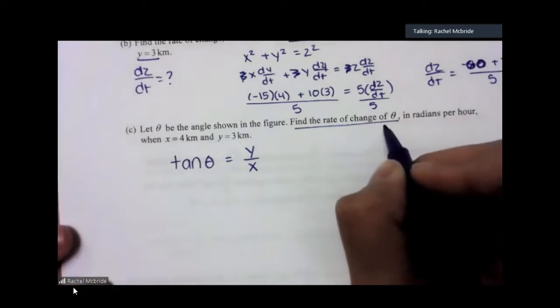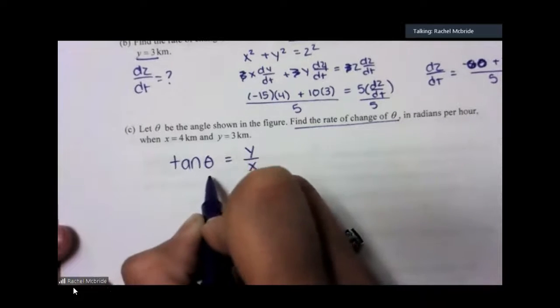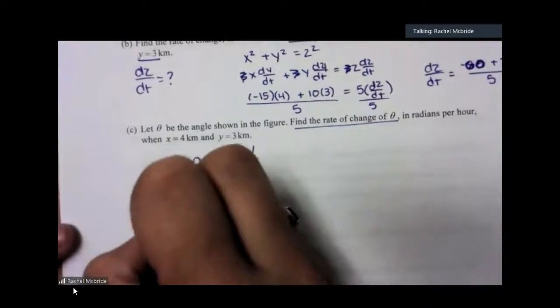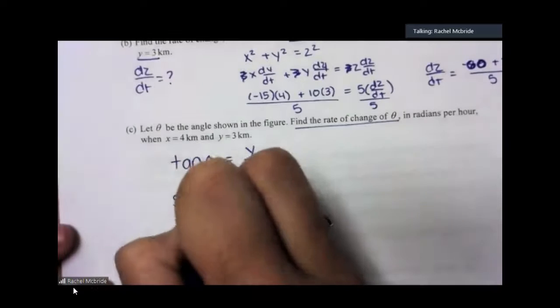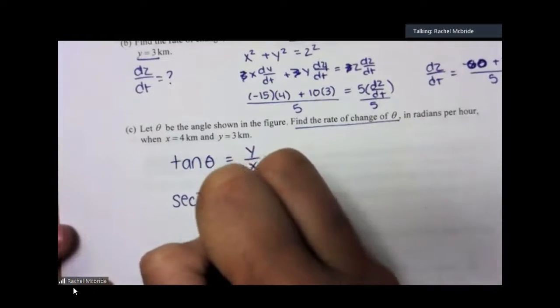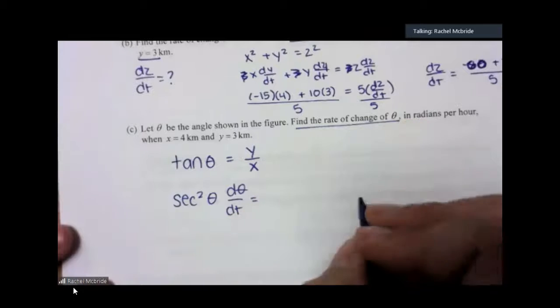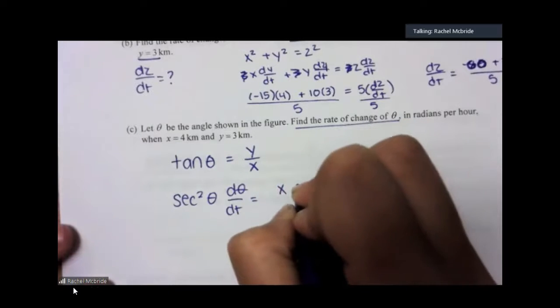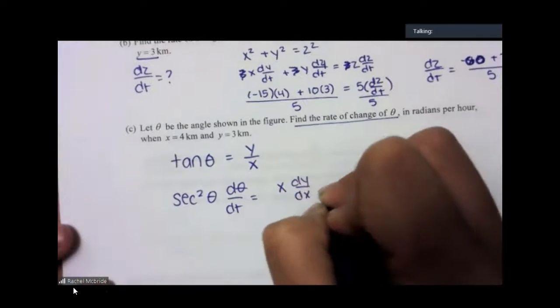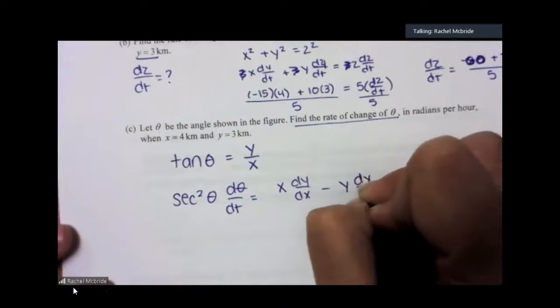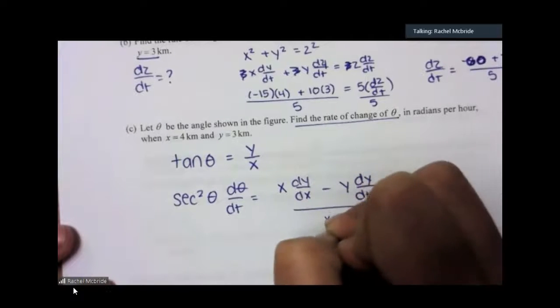If I want to find the rate of change, then I need to have the derivative of tan. So derivative of tan is secant squared theta d theta dt. And then over here, it's just a quotient rule. So it's ho d hi minus hi d ho all over ho ho.